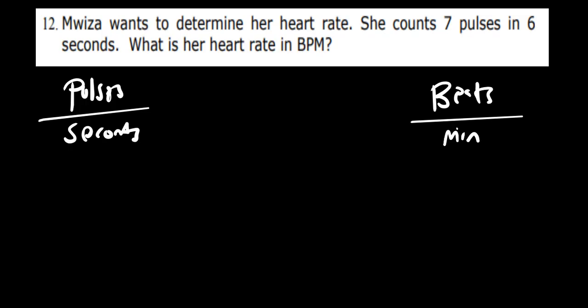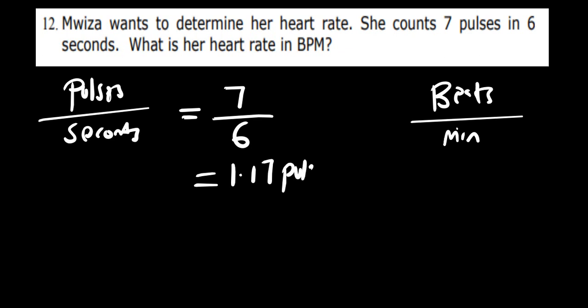So we have to first find the pulses per second. When we divide, 7 divided by 6 is 1.17 pulses per second.